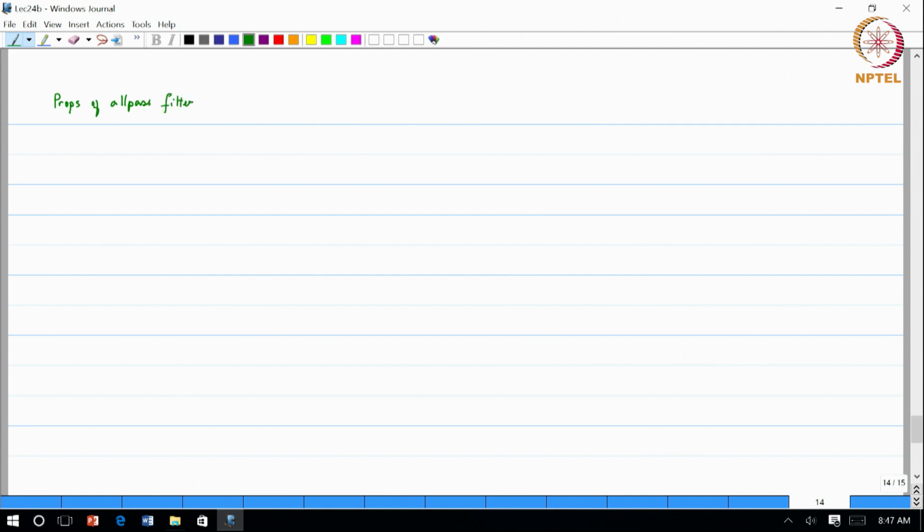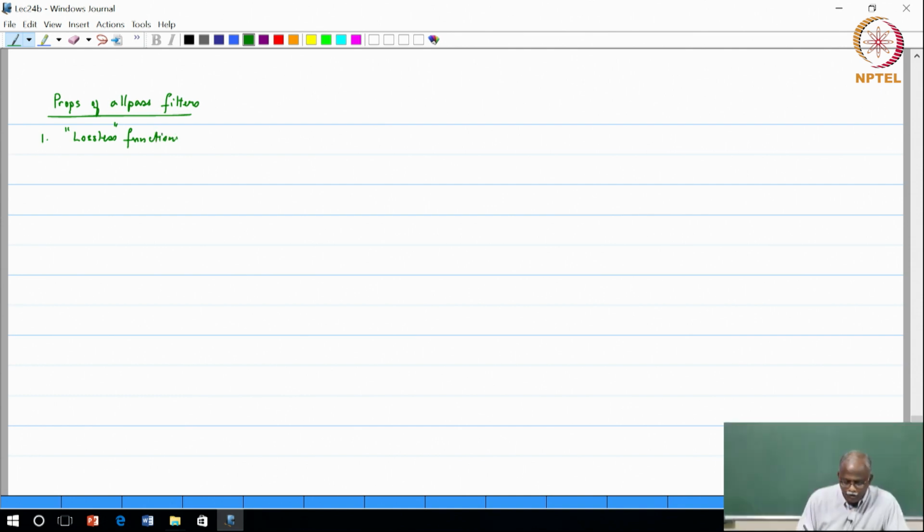All pass filters belong to a unique category of signal processing functions which are called lossless functions. So, the property of losslessness. What is that? What we say is, let us take h n e of j omega magnitude squared equal to 1.